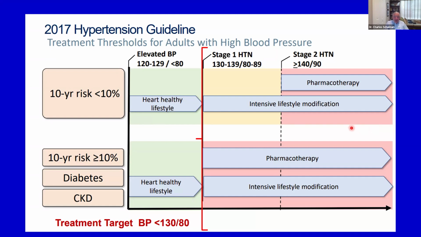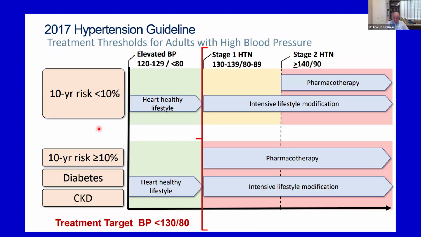So back to the 2017 hypertension guideline. These are treatment thresholds for adults with high blood pressure. And the treatment thresholds depend on risk. The idea being to apply more intensive treatment to people at higher risk than at lower risk. So the 10-year risk under 10% is calculated from the AHA-ACC risk calculator.